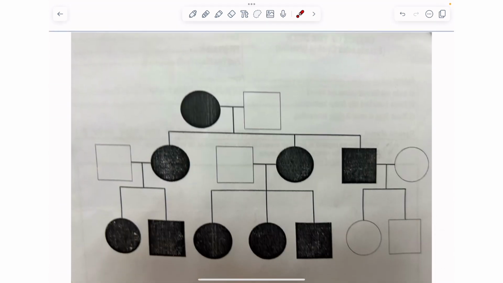Look at this pedigree right here. In this pedigree, you can see that a mother is transferring her genetic material to all of her offsprings. So if mother is shaded, all of her offsprings are also shaded. Here also the mother is shaded and so are all of her offsprings.